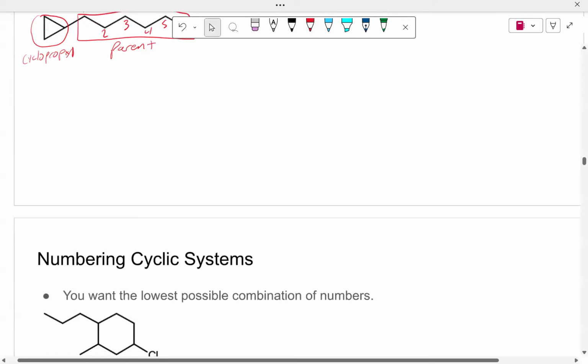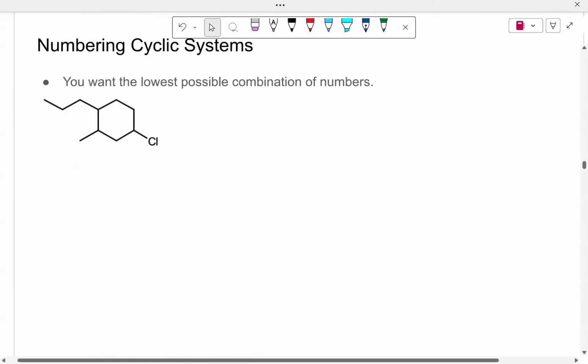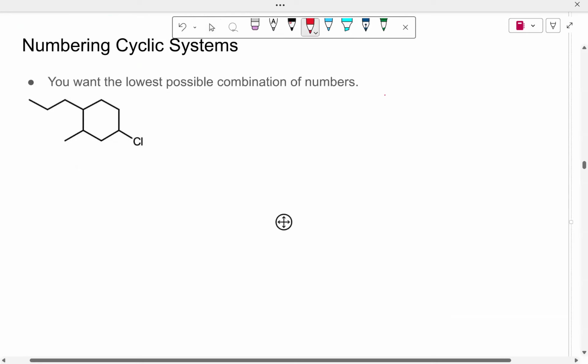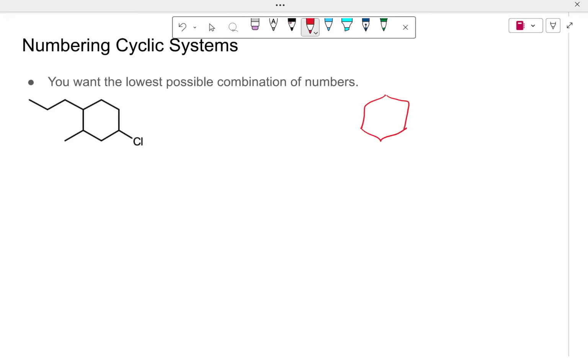So let's get a little bit more practice with all these things that we've talked about. What do we do if there is more than one substituent? I'm going to draw another problem in here and deal with what happens if there are two substituents. My parent chain here is going to be the ring.